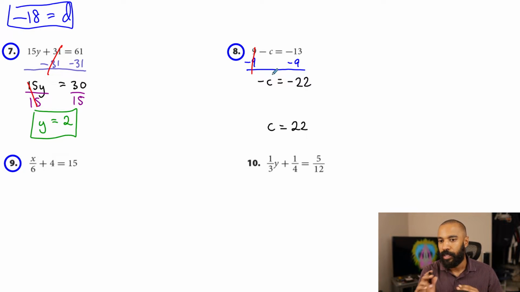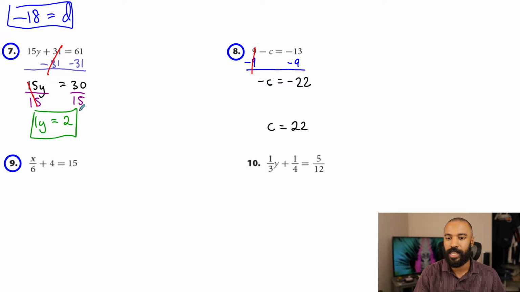And that's the idea. Notice how every time I mention that these things cancel, I don't really want to say cancel, 15 over 15 becomes 1. If I wanted to, I could have written 1y equals 2, and that would have been fine. You're not going to see an answer key that says that. Teachers won't lend to that. It is implied. Just like, remember where this was 31 minus 31 is 0? You didn't see me writing plus 0 here because I want to make this look cleaner when I can.